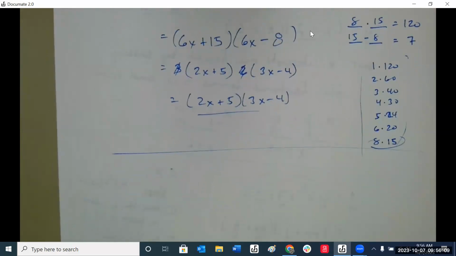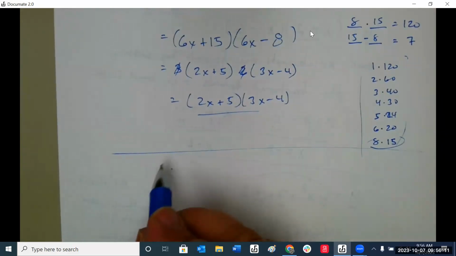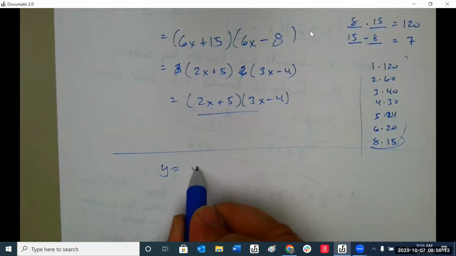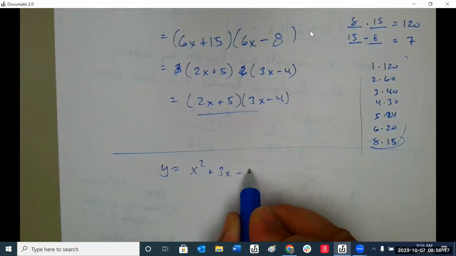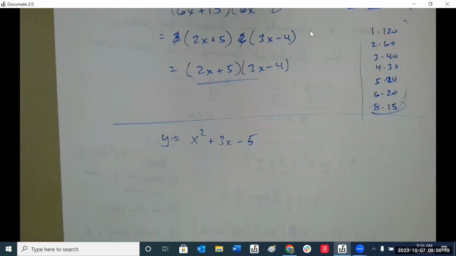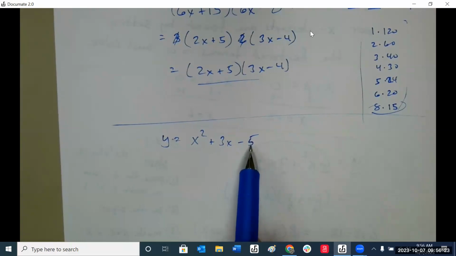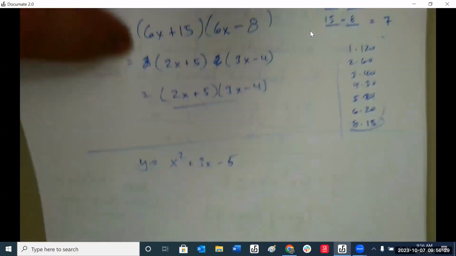There's another method of factoring, because we can't factor this one. Because what two numbers multiply to 5 when you subtract give you 3? Nothing exists. So we have to use another method.